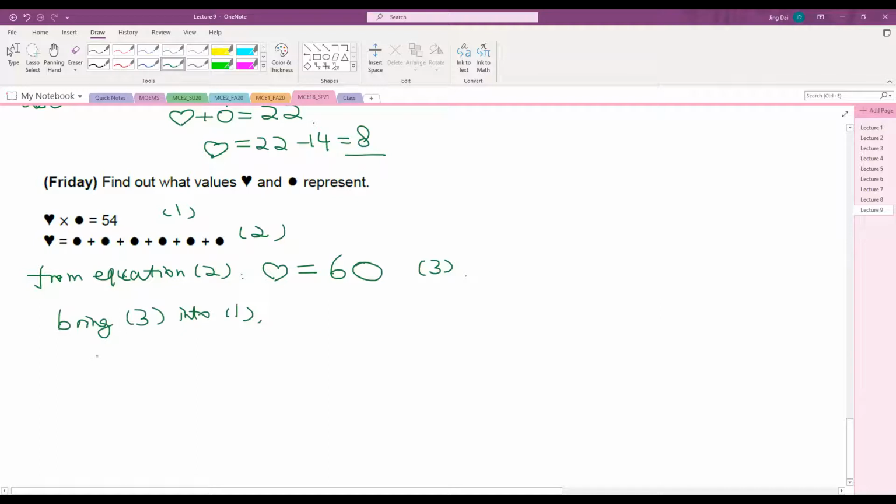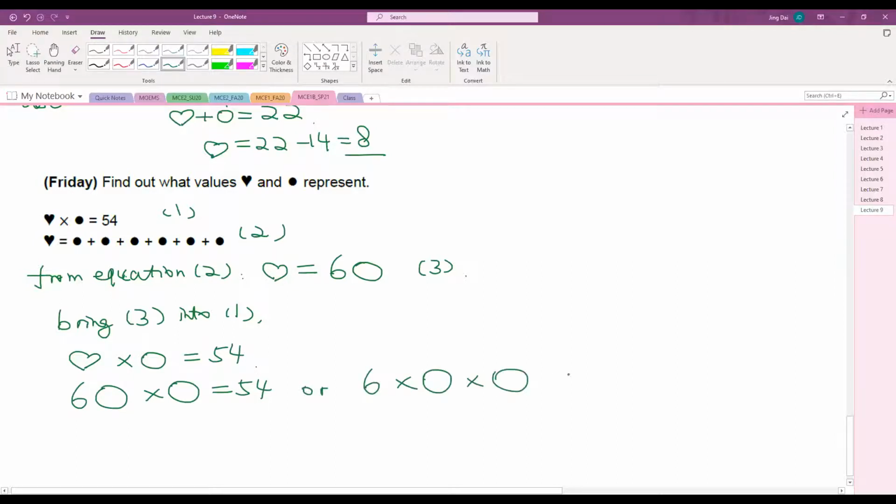Ethan Roberts said, heart times circle equals 54. Then we can do 6 circle times circle equals 54, or you can write it out as 6 times circle times circle equals 54, right, Ethan Roberts?